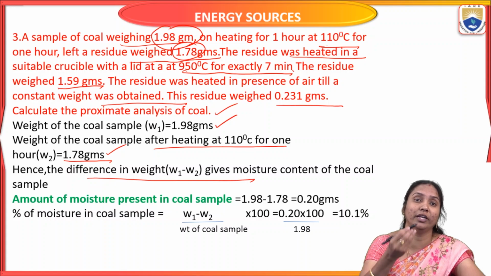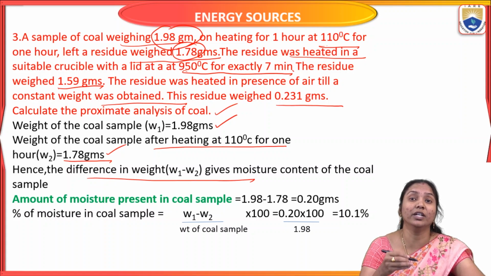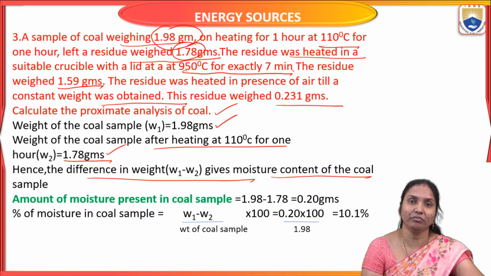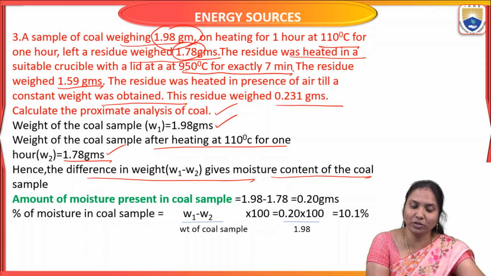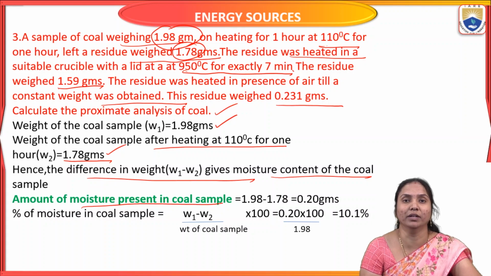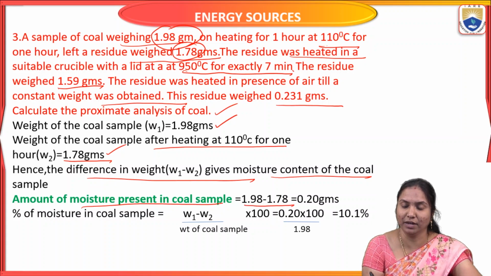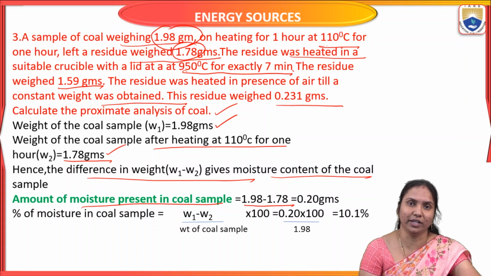Now the difference in weight, that means before heating and after heating, gives the moisture content of the coal sample. The amount of moisture present in the coal sample equals 1.98 minus 1.78.